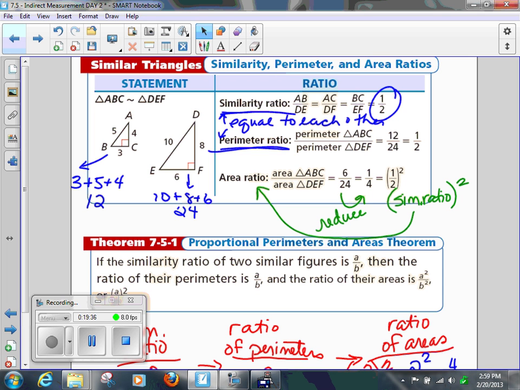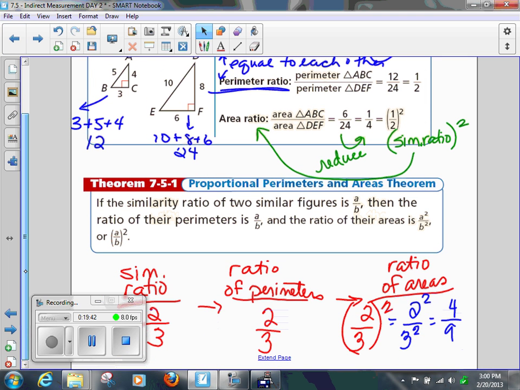The theorem said that if their similarity ratio is A over B, then the ratio of their areas is A squared over B squared, correct? Right? All right, now let's see.